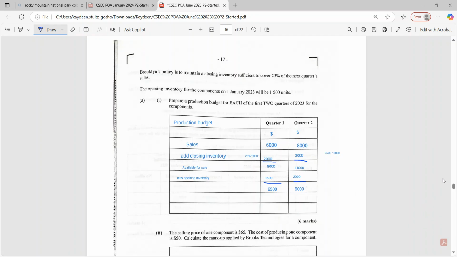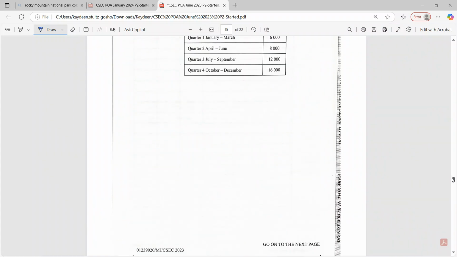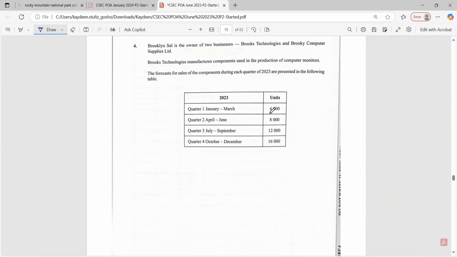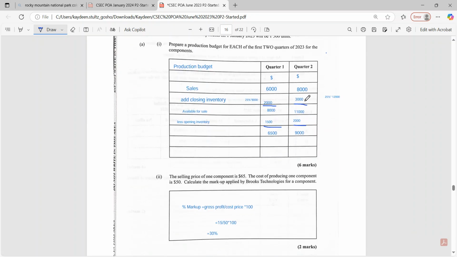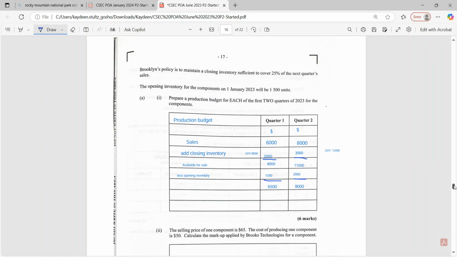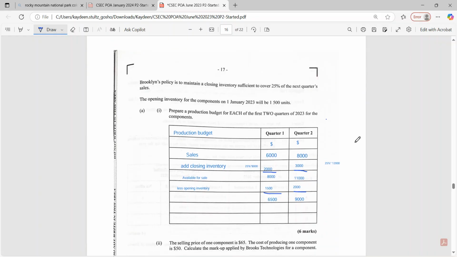So sales was given to you, right? So let's look for sales. For the first quarter it is 6,000, for the second quarter it is 8,000. So we just put those in our production budget, 6,000 and 8,000. We should add closing inventory, which should be 25% of the following quarter's sales.